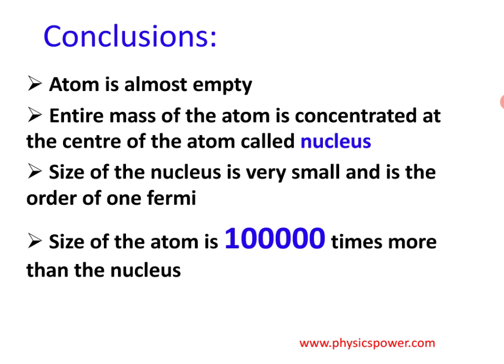So that one may be much heavier than the alpha particle. For that he named it the nucleus. He said the entire mass of the atom may be concentrated at a particular place, and that deflected the alpha particle. That means it is heavy as well as positively charged. So he named it the nucleus.